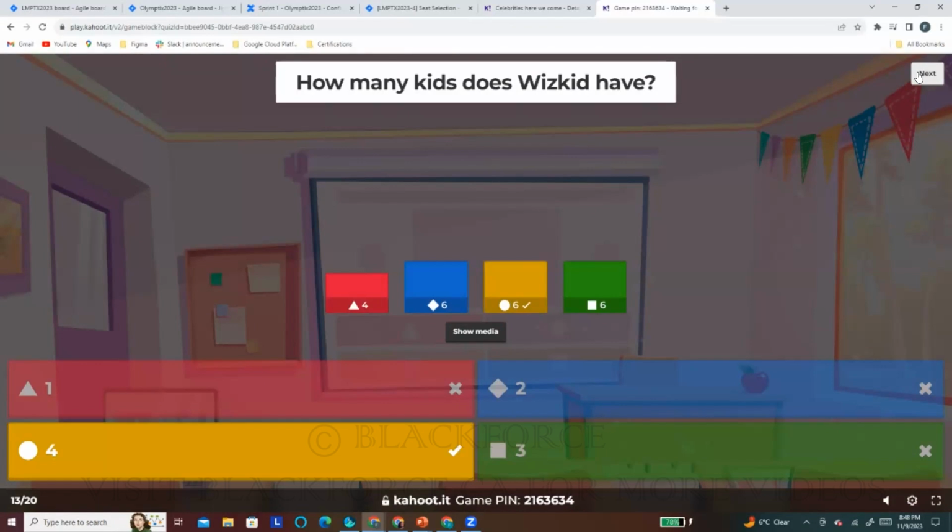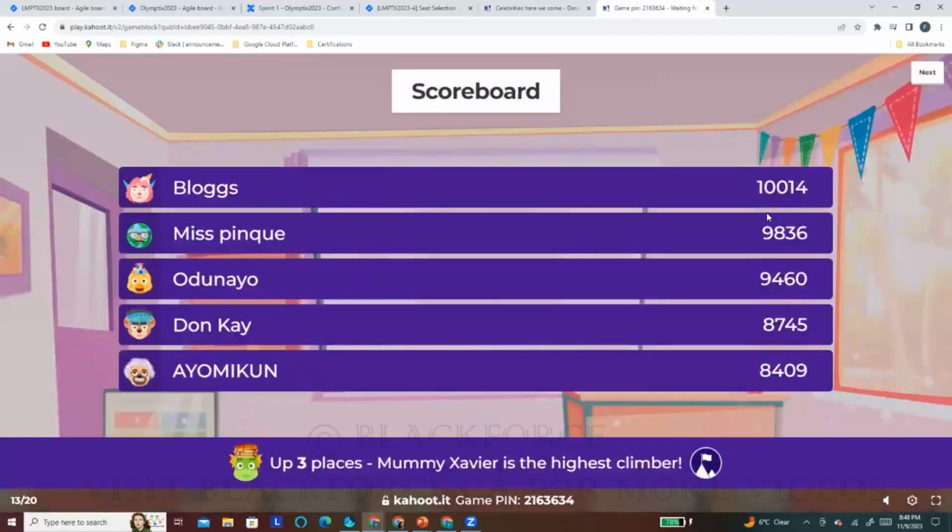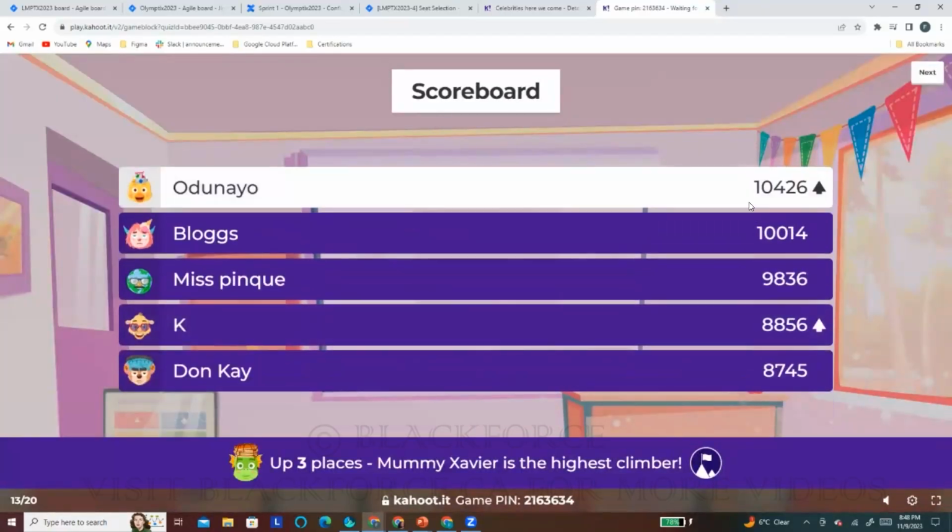Really, he has 4 kids. Everyone doesn't know this one. Oh, let's leave that. Oduayo. He has 4, yes, only 4. Oduayo, you've taken over from blogs. Mommy Avia, you're climbing up.